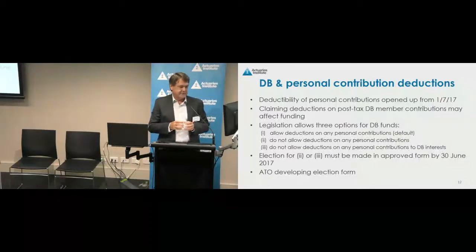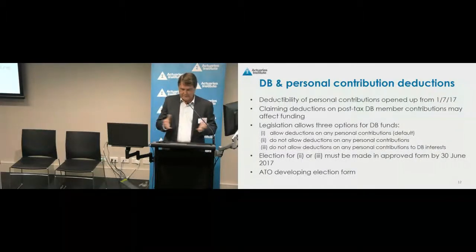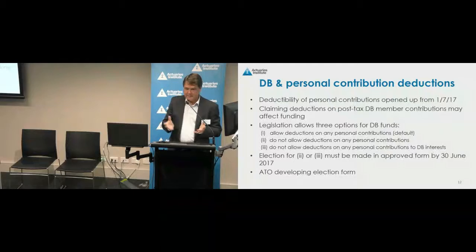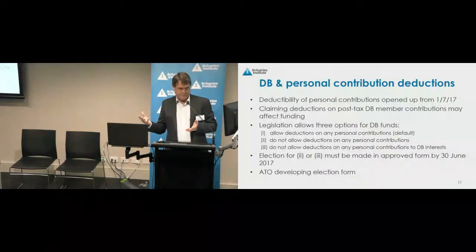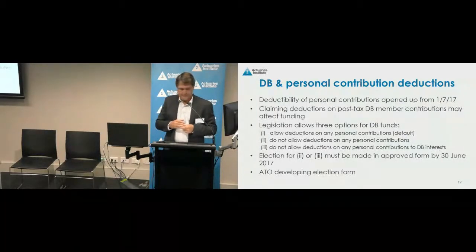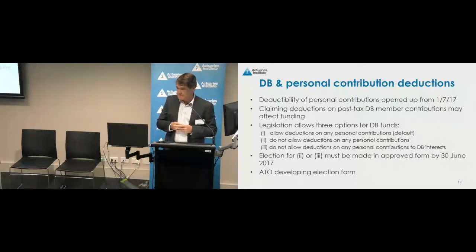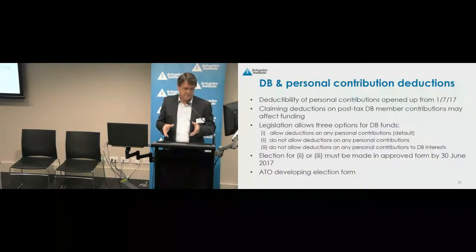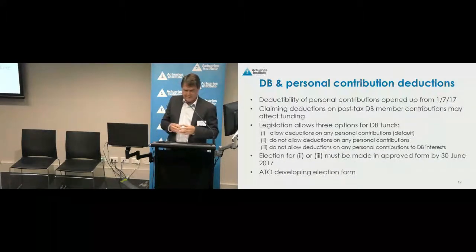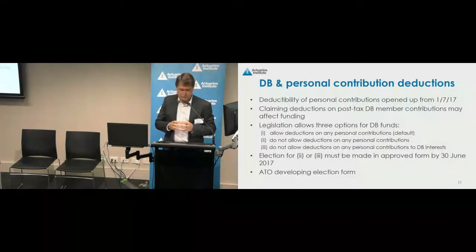The legislation allows 3 options for DB funds. Effectively allow that to occur, and then you'll have issues to address about taxing those after-tax contributions and where you get the funding for that from, or not allowing those contributions, personal contributions, to be subject to a tax deduction, or not allowing deductions for any personal contributions to defined benefit interests, so just quarantining it to the situation I just alluded to.